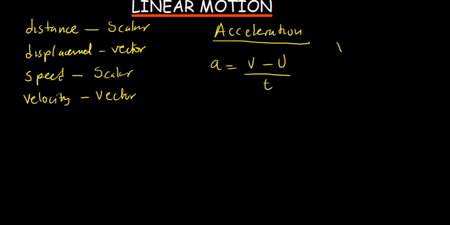So v means final velocity. u means initial velocity. Initial velocity is the velocity that you are starting with. So this is the formula for acceleration. Final velocity minus initial velocity divided by time.